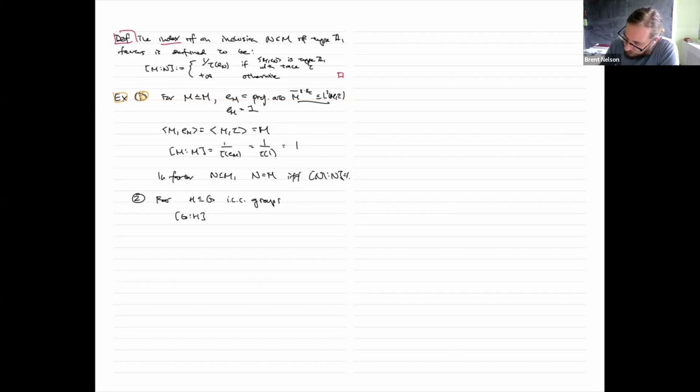And we saw already in the example we worked out that the index for the inclusion of groups was given by 1 over tau of that projection E. But that projection E is exactly the projection associated to the subalgebra L(H). So this ends up being the same as the index for the inclusion of the von Neumann algebras, L(H) inside of L(G).